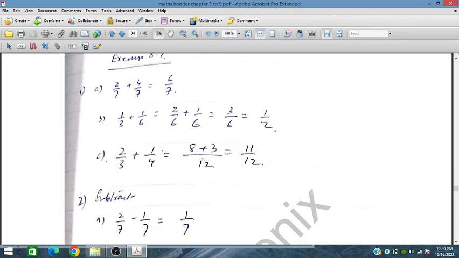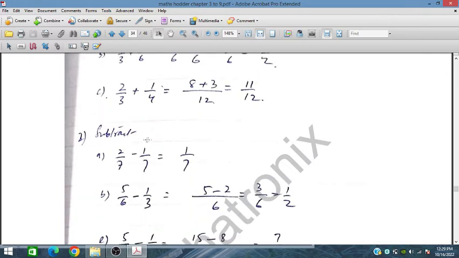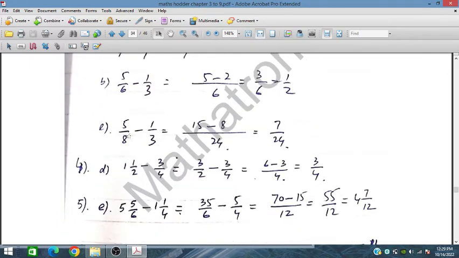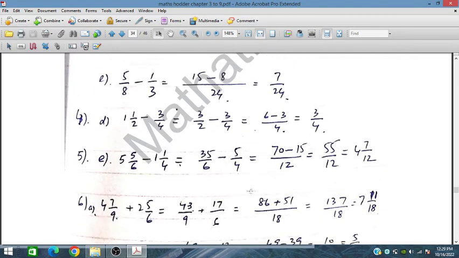Divide 12 by 3 and then multiply by this one. Divide 12 by 4 and get 3 and multiply by this one. So it's 11 over 12. Similarly for this, 5 upon 8 minus 1 upon 3, take the LCM here, divide and multiply with this one. Just simple.